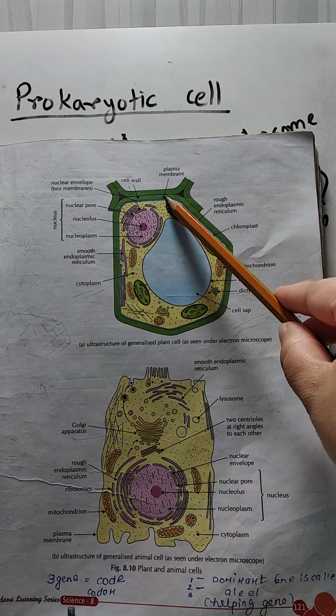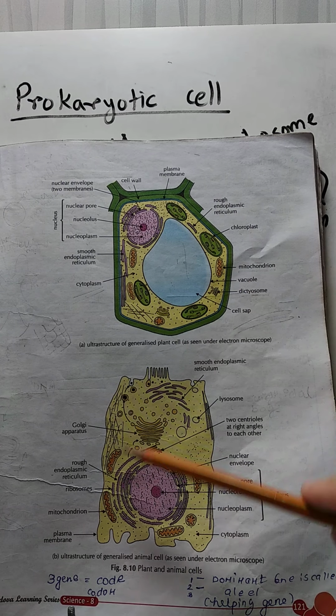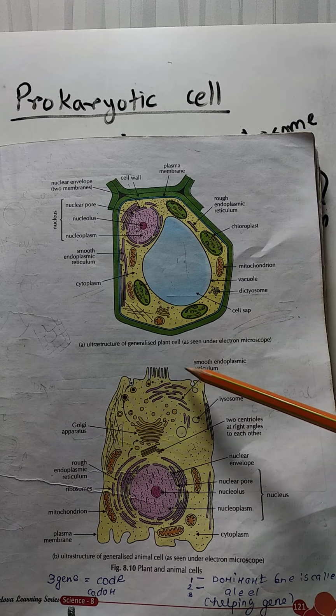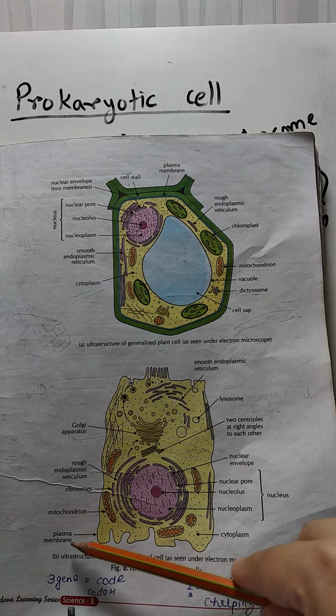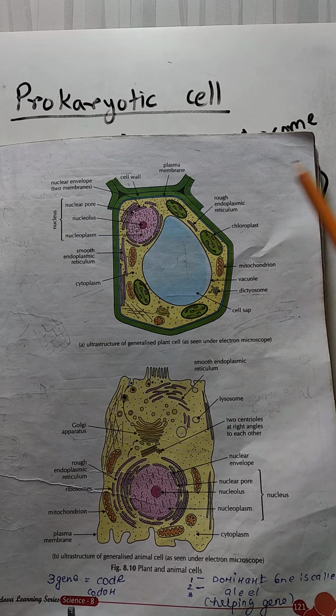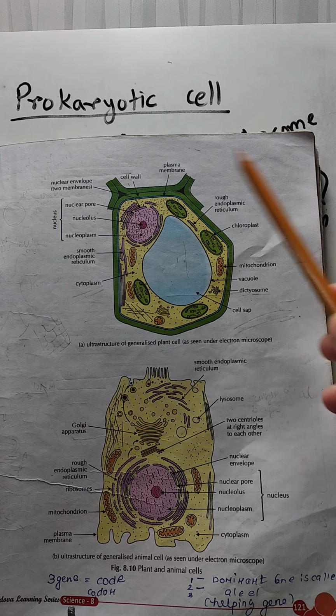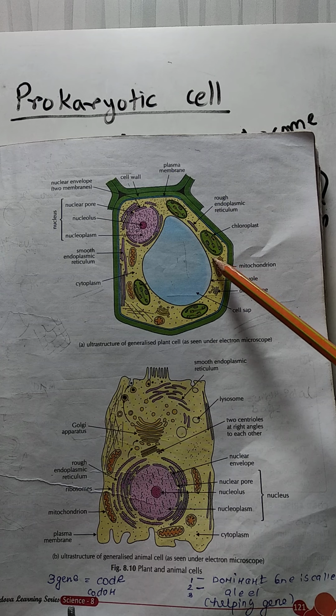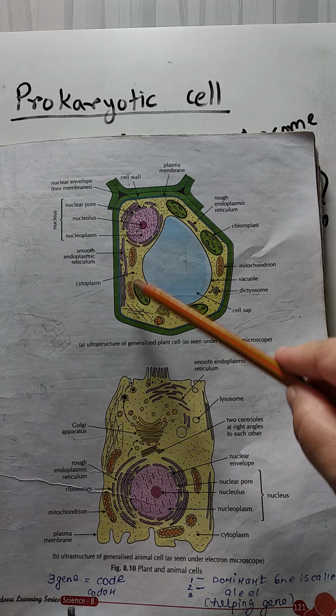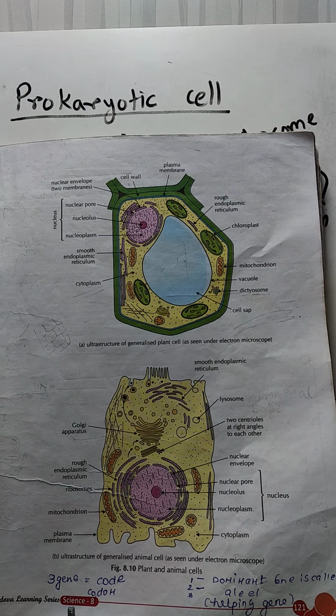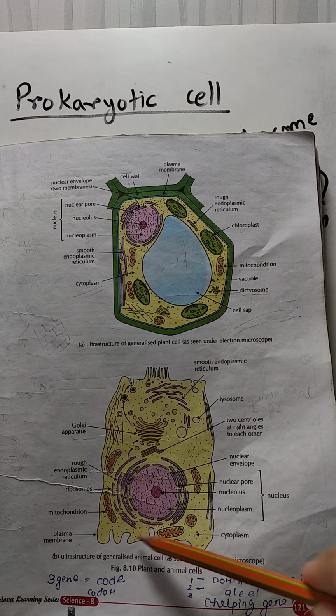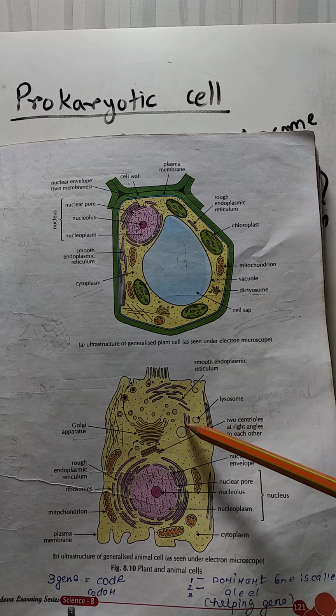The plasma membrane or cell membrane is present, whereas in the animal cell this outer boundary is nothing but the plasma membrane. Then ribosomes. See these dots, these black granules, these are nothing but ribosomes. Those were present in prokaryotic cells also. Here also, in the animal cell, these ribosomes are present.